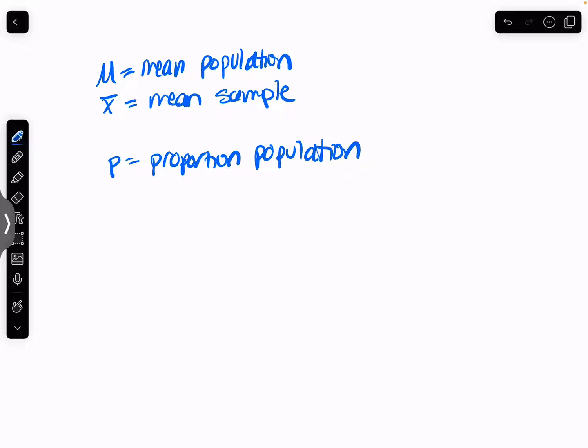If you are doing the proportion from a sample, then we call it P hat, which looks like a hat on top of the P. To find your P hat, you take the amount of people or items in the outcome that you want out of the total.